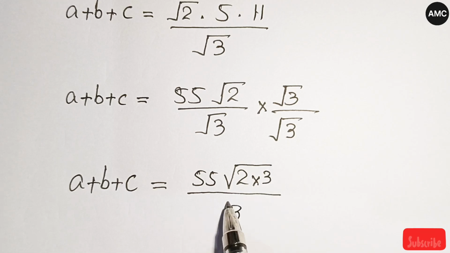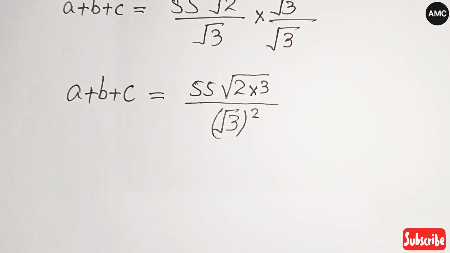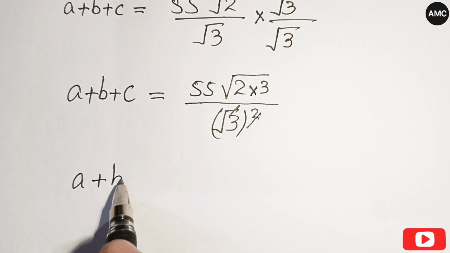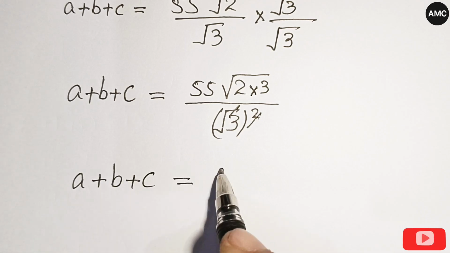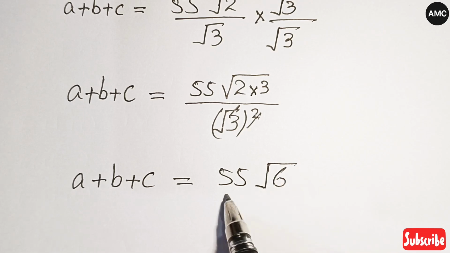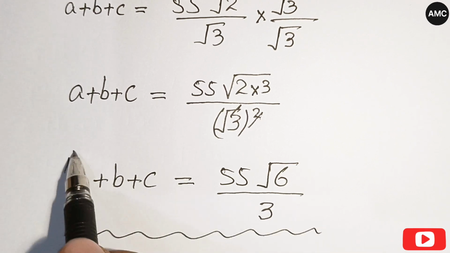Here we have square root of 3 whole squared. So our next step will be, this square is cancelled out with the square root, we get a + b + c is equal to 55 times 2 times 3 is 6 all over 3. So it is our final value of a + b + c.